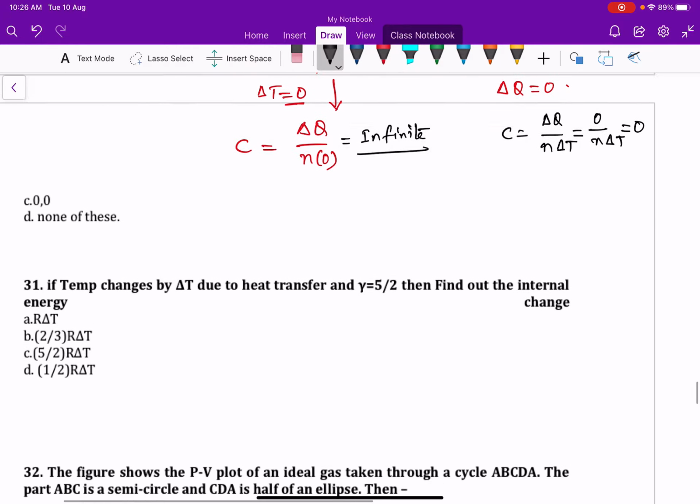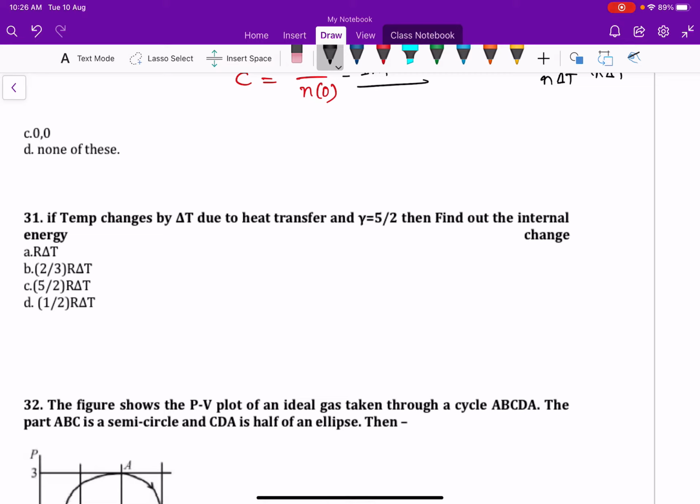Option A is correct. If a temperature changes by delta T due to a heat transfer and gamma is equal to 5 by 2, then find out the internal energy. So here we know change in internal energy is equal to n Cv delta T, and we know Cp minus Cv is equal to R. Therefore Cp is equal to Cv plus R, and here gamma value is given as 5 by 2.